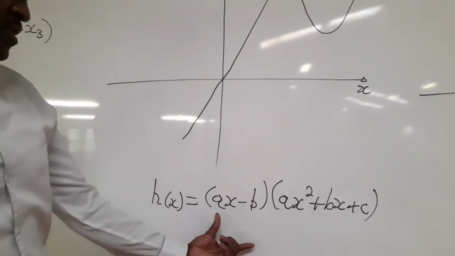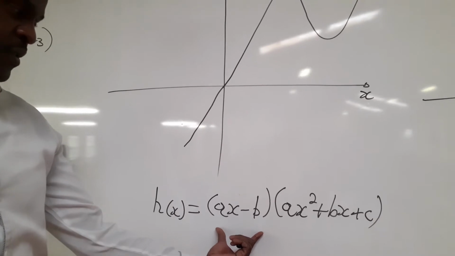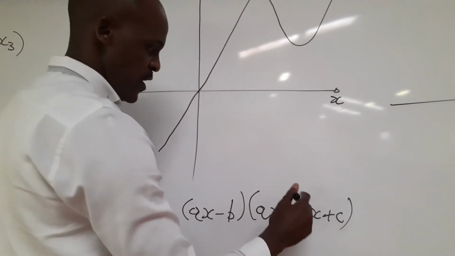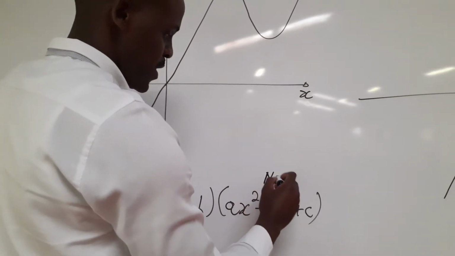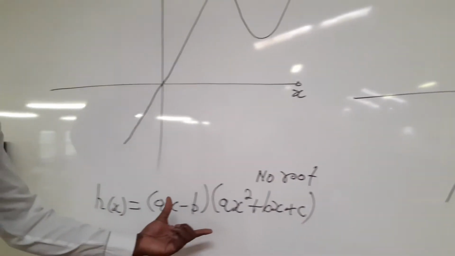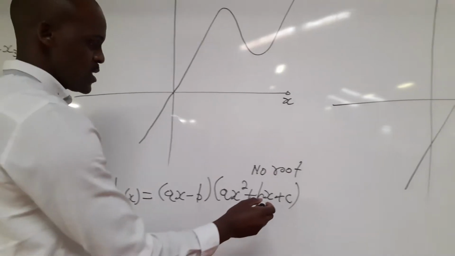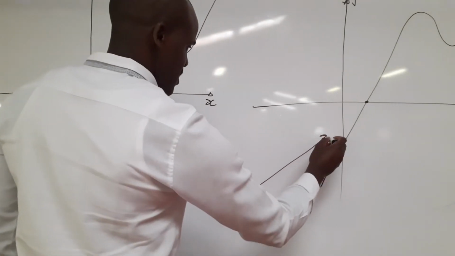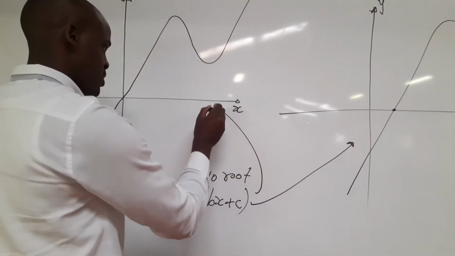You might find out that you are able to solve for x on the first bracket, but here you find out that there are no roots. If there are no roots here, that means your graph might be looking like that one or like this one.